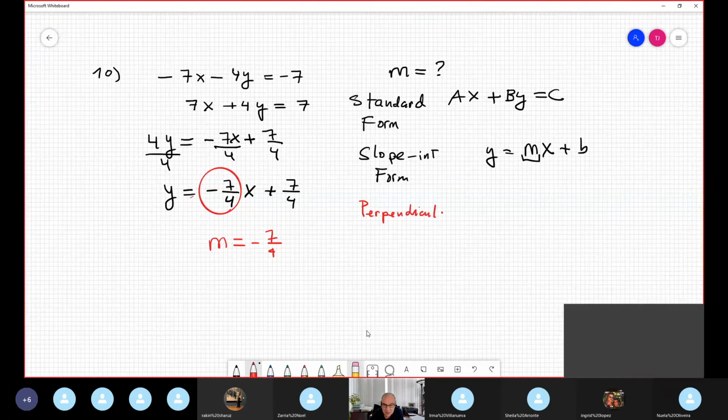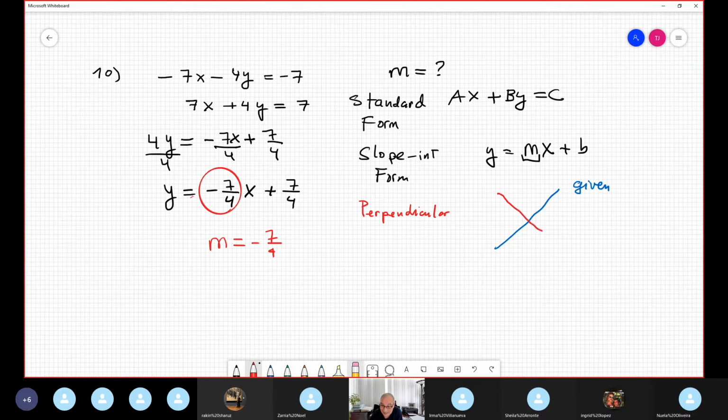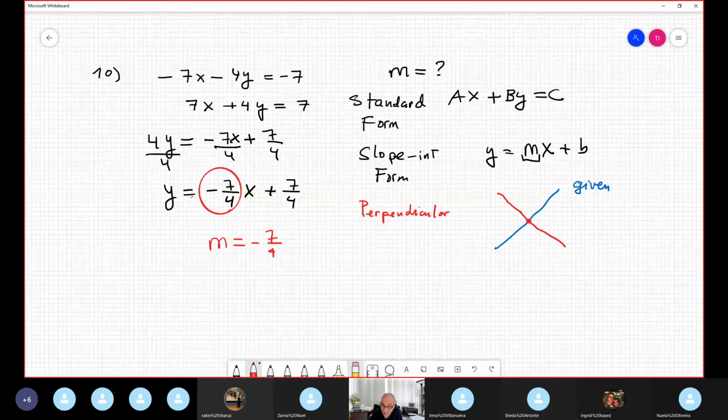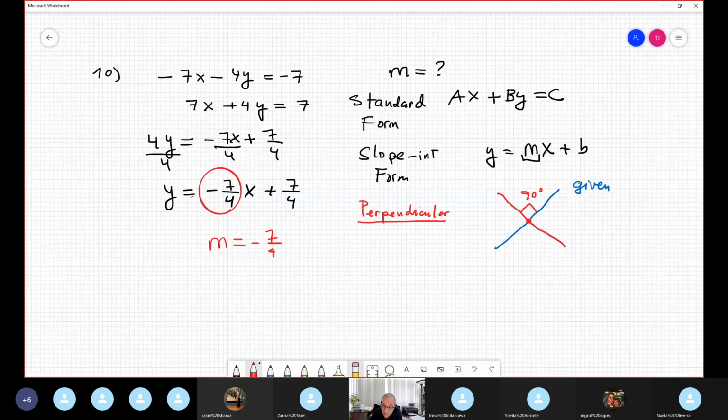Perpendicular means that we have two lines. One line is the given line. But we have another that is perpendicular. Perpendicular means that they intersect and form a 90-degree angle. This is the definition of perpendicular.